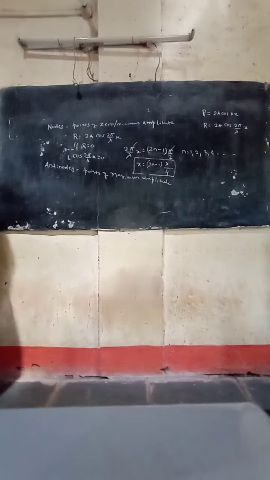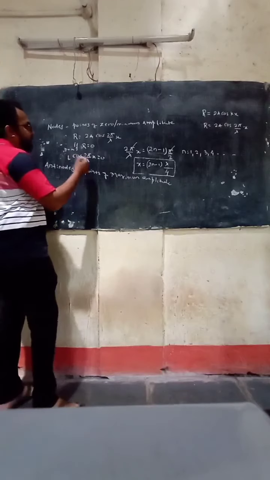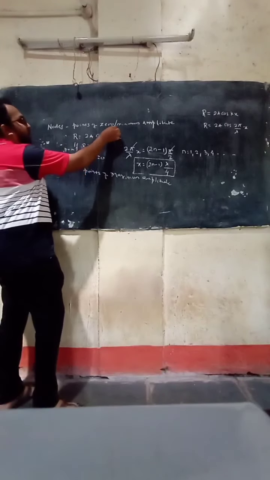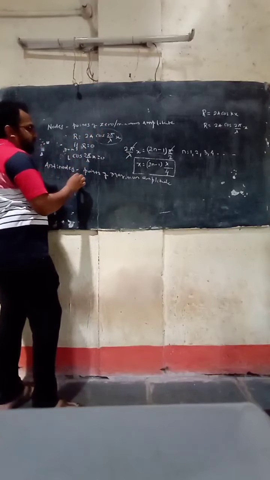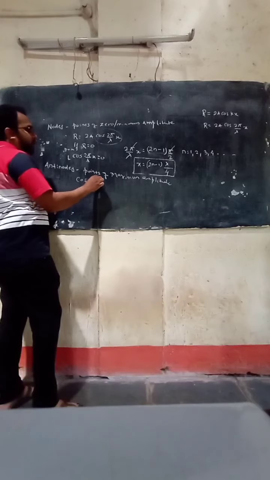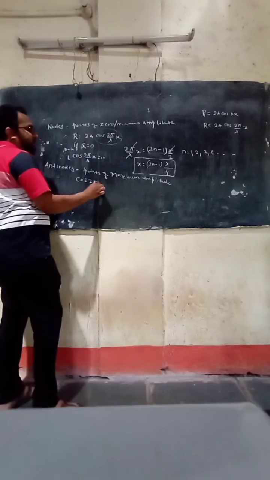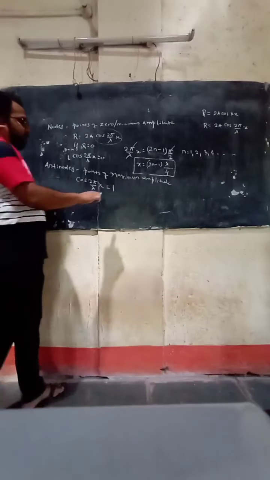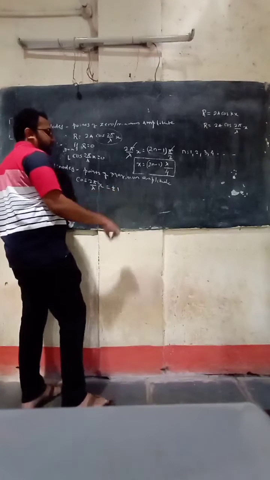Now antinodes. Antinodes means resultant is maximum, and maximum resultant occurs when we get the maximum value of this cos. So maximum value of cos, you know that cos and sin have maximum value as 1. We can say plus or minus 1.